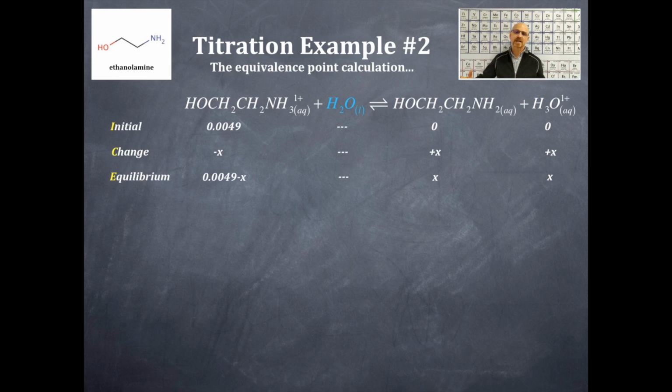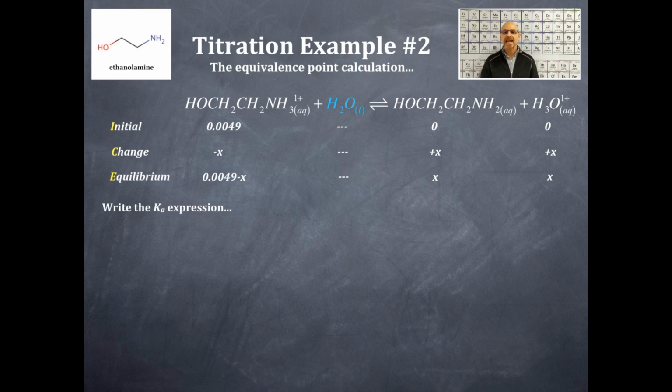Now, I need to ask myself, what kind of K am I using? And it is all dependent on what's on the product side. Do I see a hydroxide or a hydronium ion on the product side? So I see a hydronium ion on the product side. Therefore, I'm going to have to write a Ka. If it had a hydroxide, it would be a Kb. But this has a hydronium, so it's going to be a Ka.